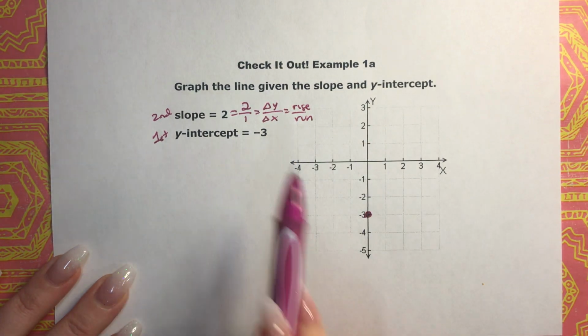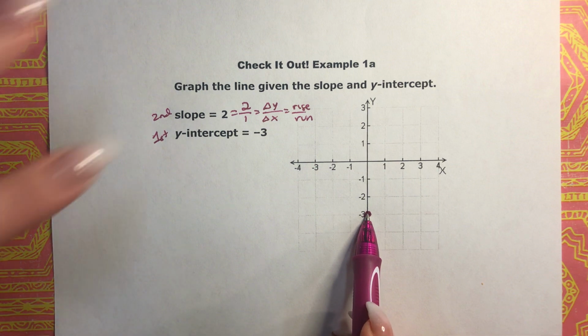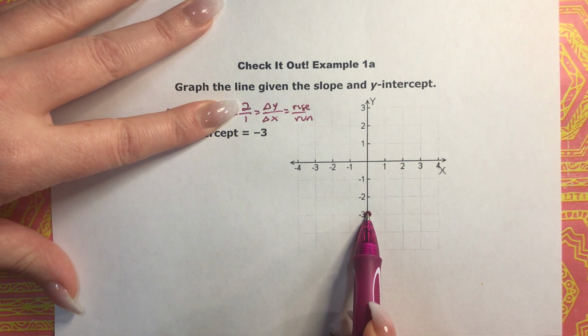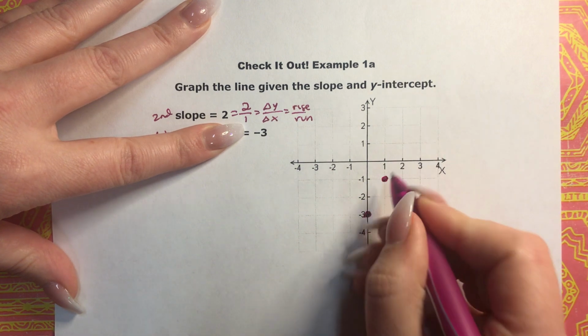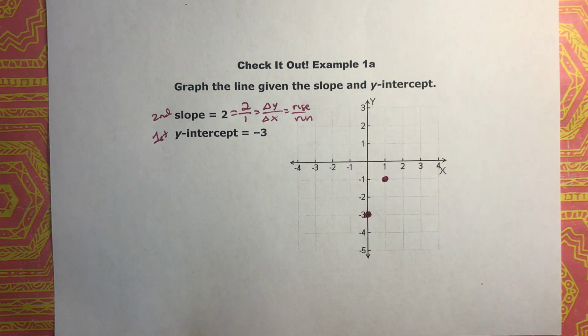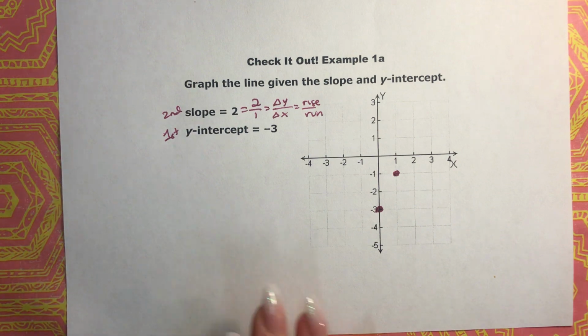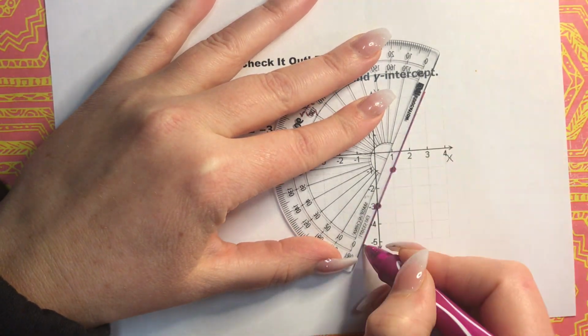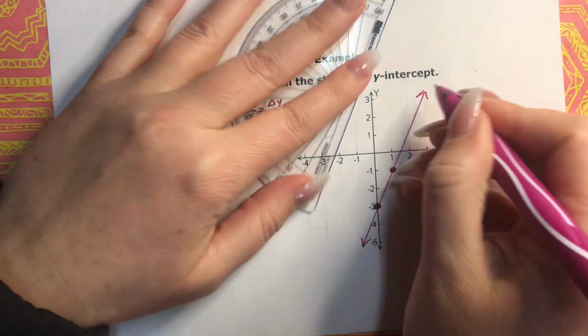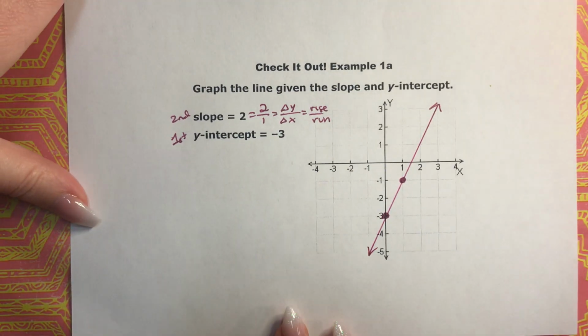So y-intercept's negative 3. From here, I'm going to rise 2, 1, 2, and then over 1. And that's my slope from the y-intercept, and I just connect the dots, and there we have it. There's our line. Perfect, perfect.